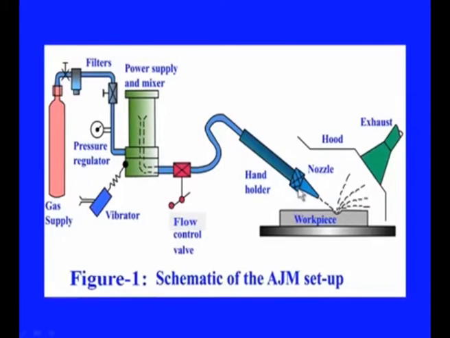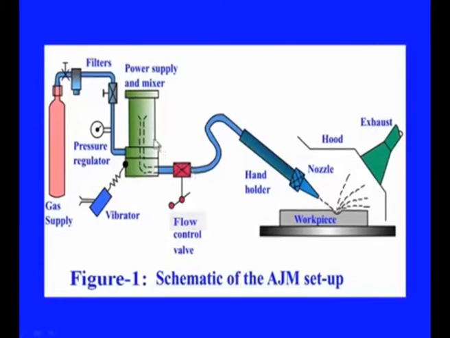However, if we make this angle smaller and smaller, the effectiveness of this cutting will come down. And again, the distance from this nozzle tip to this workpiece is also very vital. We will discuss this point later on with a different schematic.